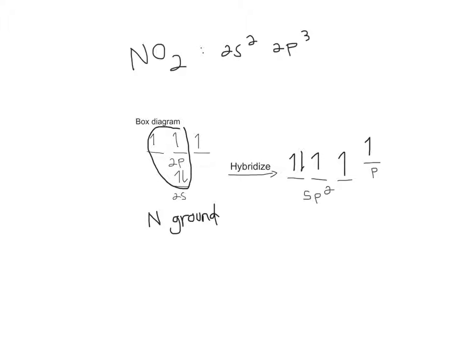Now I'm going to draw the box diagram for oxygen, both of them. And I'm only going to draw the orbitals that will be bonding, which is the p.